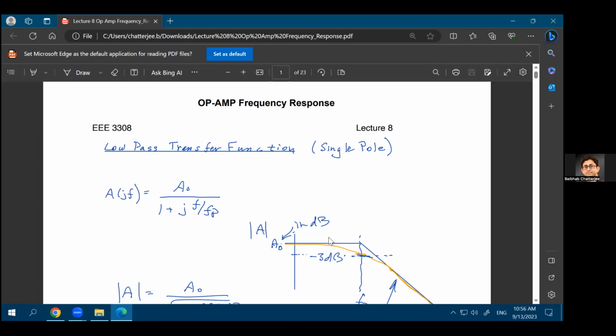I'm just calling R naught C naught equal to k. But this can be written into this form. How? Because your numerator is already 1, there are no zeros over here. In the denominator, you can divide the numerator and denominator by k, and you can write this as 1 over k divided by s plus 1 over k.